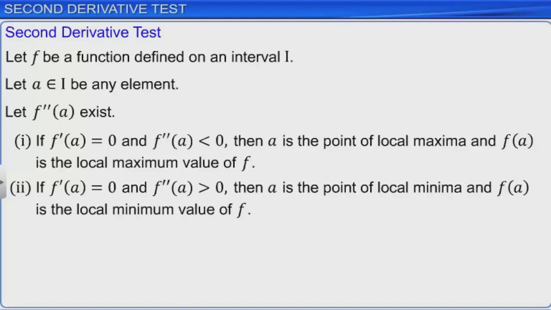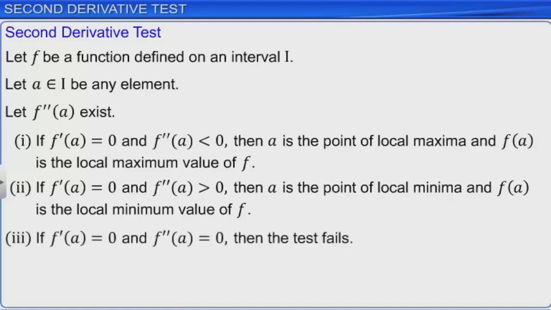The second derivative test fails if both the first and the second derivatives are equal to 0. Let's prove the first part.